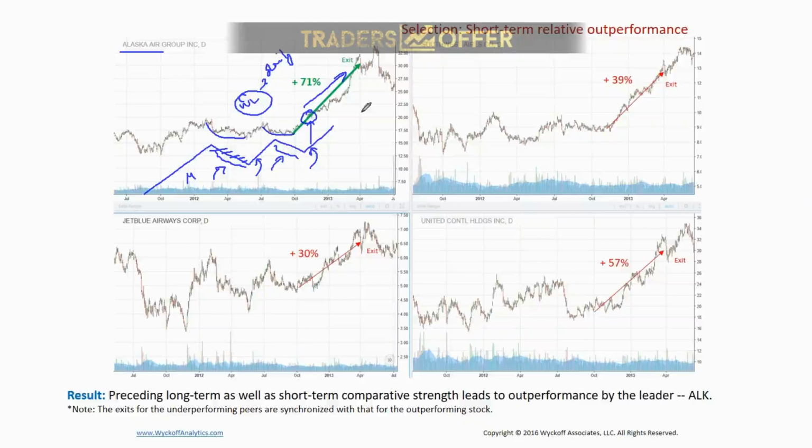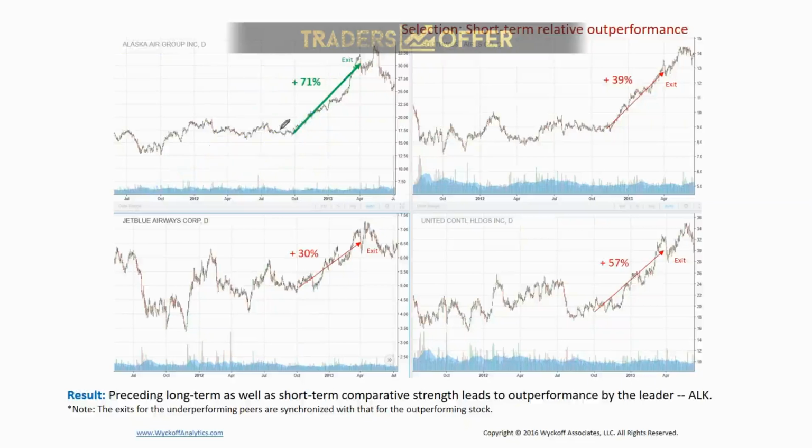If you are a short-term swing trader and you're looking for swings like this, something like that, then you might have to do that on a daily basis.